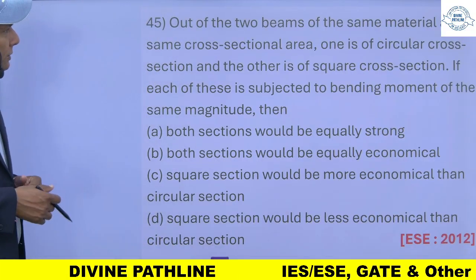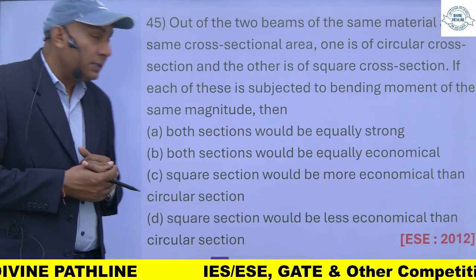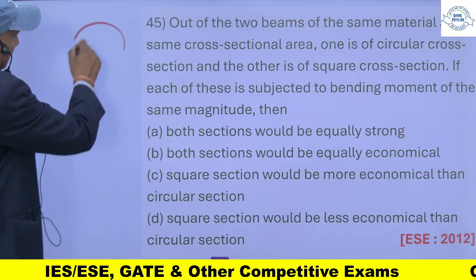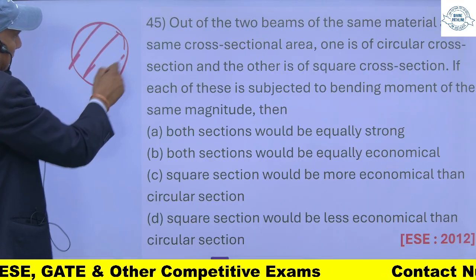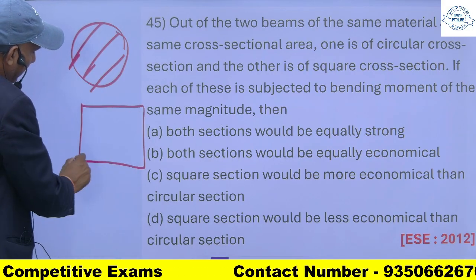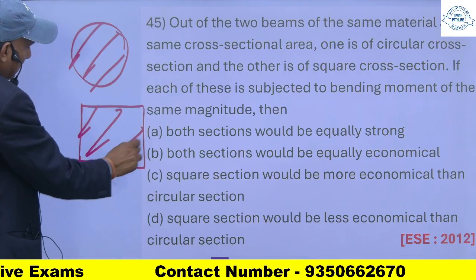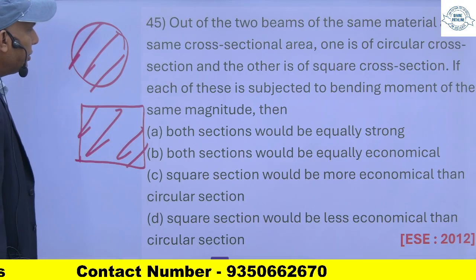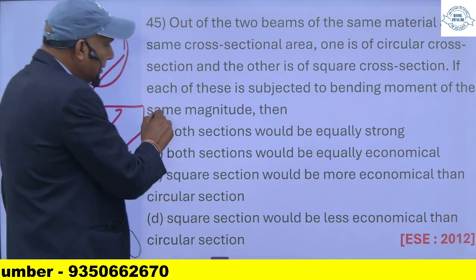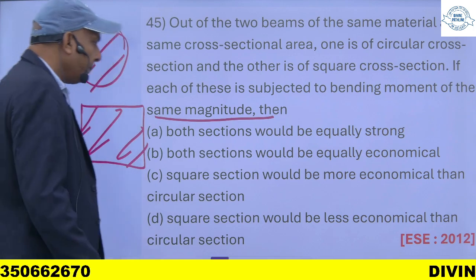Out of two beams of the same material and the same cross-sectional area, one is circular and the other is square. Each is subjected to a bending moment of the same magnitude.